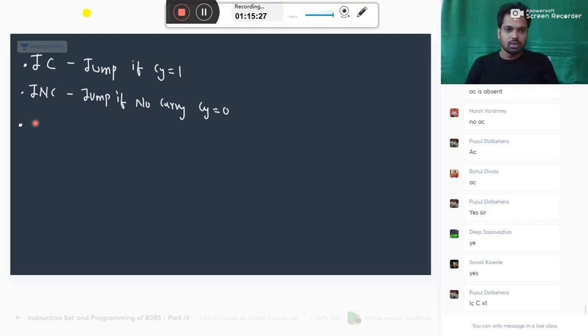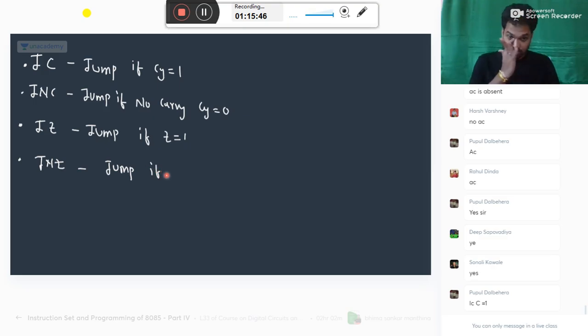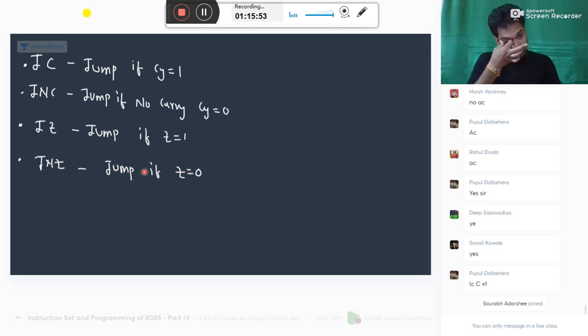Similarly, JZ is jump if zero flag equal to 1. JNZ is jump if zero flag is equal to 0. That is jump on no zero, jump on no carry, jump on carry, jump on zero. So 4 are completed.